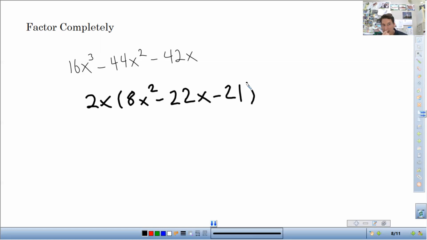All right, so from there, that is an x factor problem. On top, it's going to be 8 times negative 21, so negative 168, and then negative 22 on the bottom. This one might be a little tough.